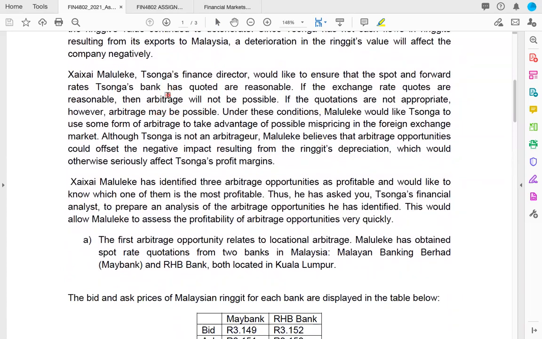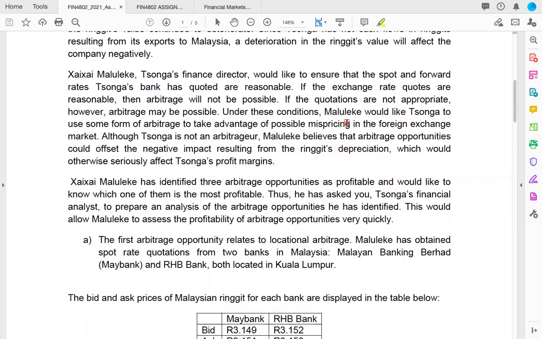Mr. Maluleke, Tsonga's financial director, would like to ensure that the spot and forward rates Tsonga Bank has quoted are reasonable. If the exchange rate quotes are reasonable, then arbitrage will not be possible. If the quotations are not appropriate, arbitrage may be possible.